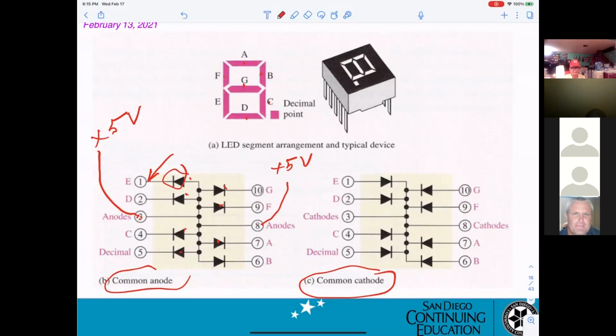What voltage? 0. The thing is you get a 5 volt here, right? And if you want to turn on the diode, this side has to be 0 volt. When you're learning digital, that will be a logic 0.